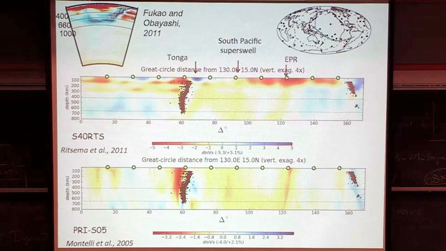And there are no other stations around, so you can imagine that there are no rays that can cross here and resolve the structure. So this streak is very suspicious and sort of manifests the inadequate sampling.